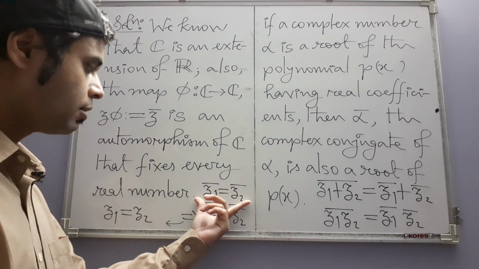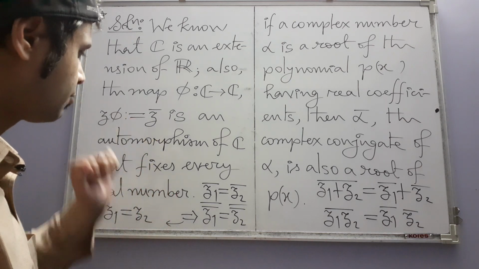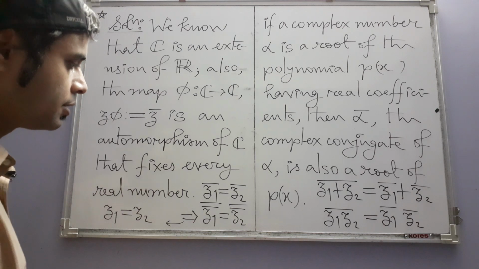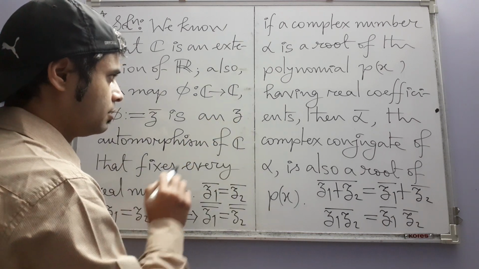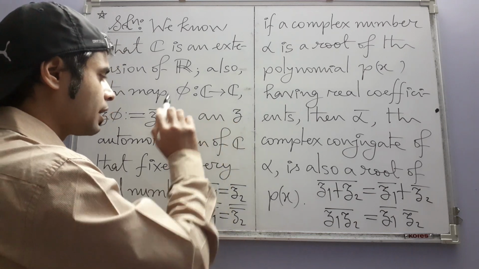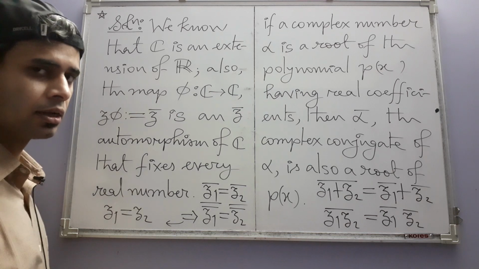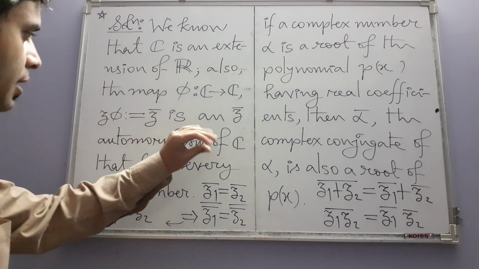Outputs are equal implies that the inputs are equal, so the function phi is 1 to 1. What about ontoness? You take any complex number z, its inverse image under phi is z bar itself, the complex conjugate. So that's how phi is an automorphism.